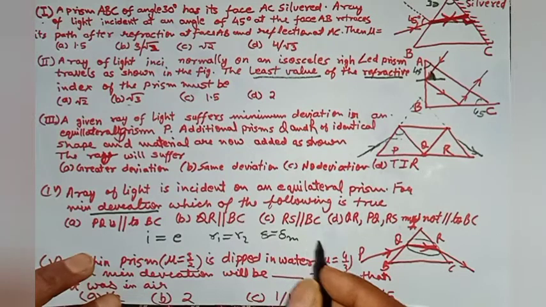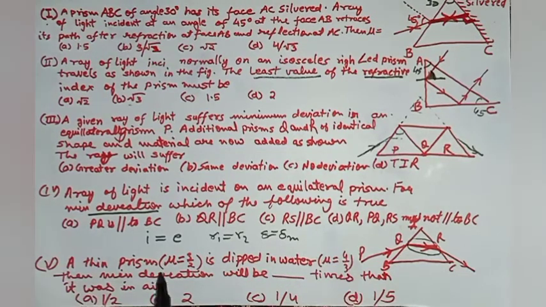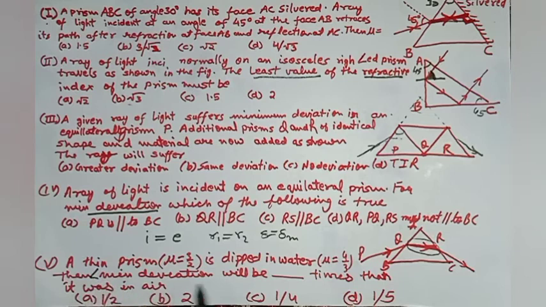Remember that condition. Okay, a thin prism of mu 3 by 2 is dipped in water. Then the angle of minimum deviation will be that many times what it was in air.